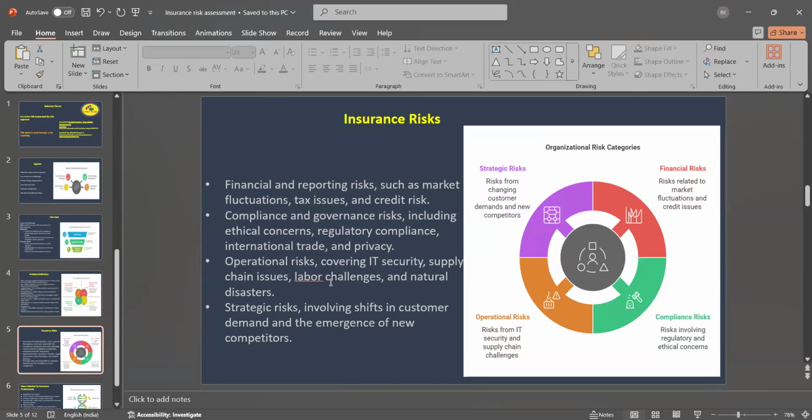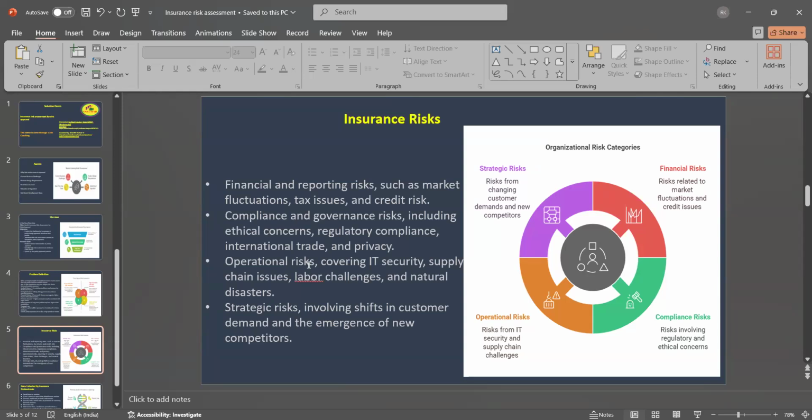Operational risk covers IT security, supply chain issues, labor challenges, and natural disasters. In operations, IT security means cyber risk, where they get the data from the website and give it to another organization.